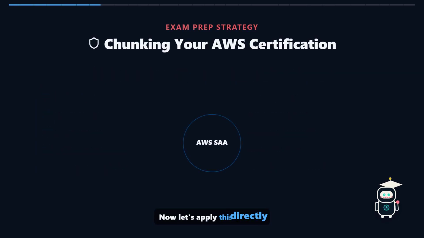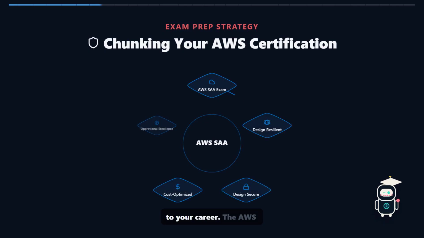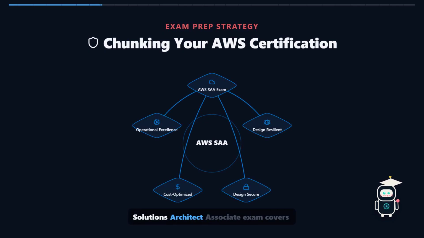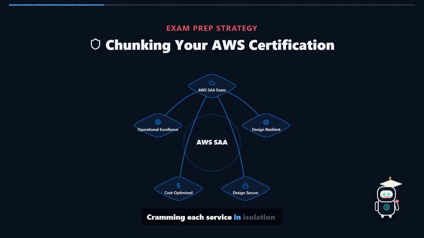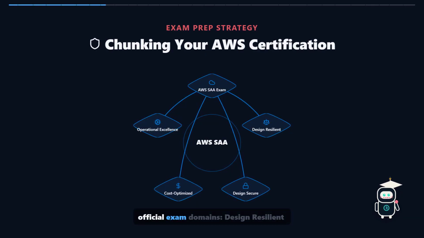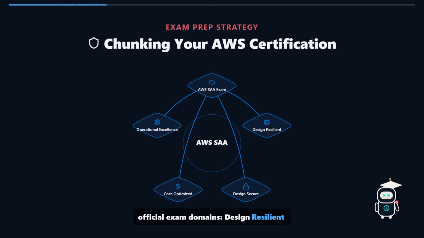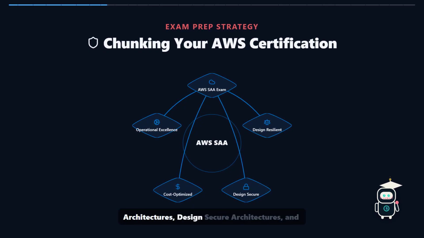Now let's apply this directly to your career. The AWS Solutions Architect Associate exam covers a broad set of topics. Cramming each service in isolation is a guaranteed fail. Instead, chunk the material by the official exam domains. Design resilient architectures, design secure architectures, and so on.